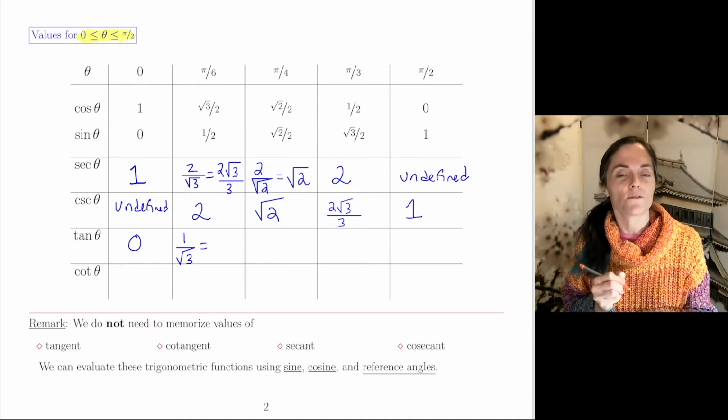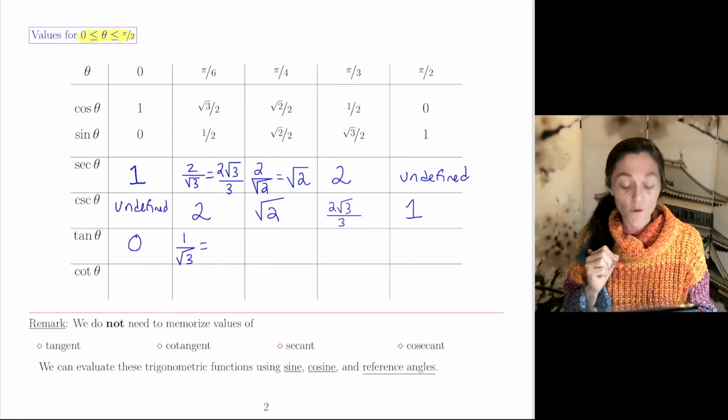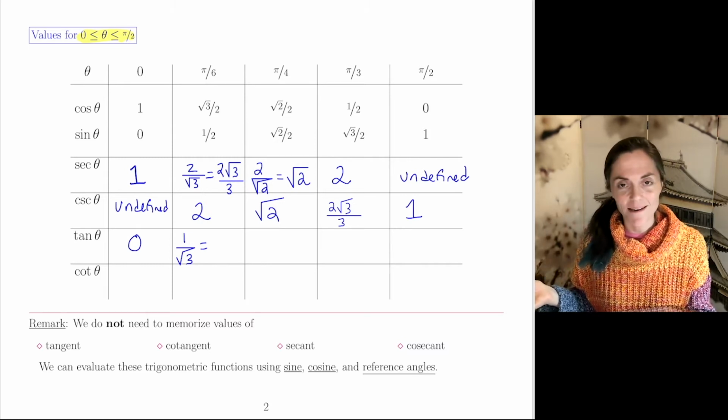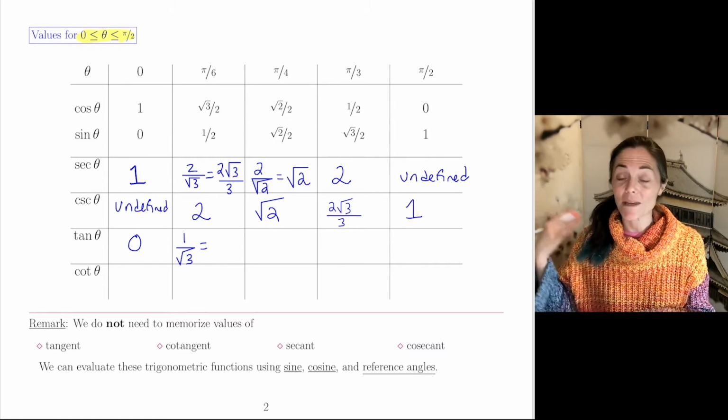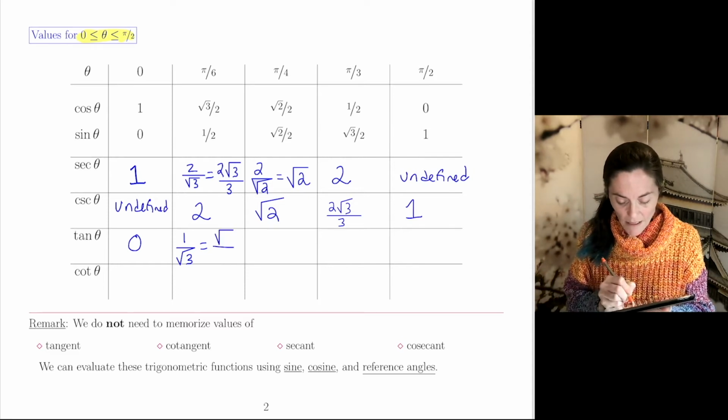If you want to not have a square root in the denominator, multiply by square root 3 divided by square root 3, and we get the square root of 3 divided by 3.